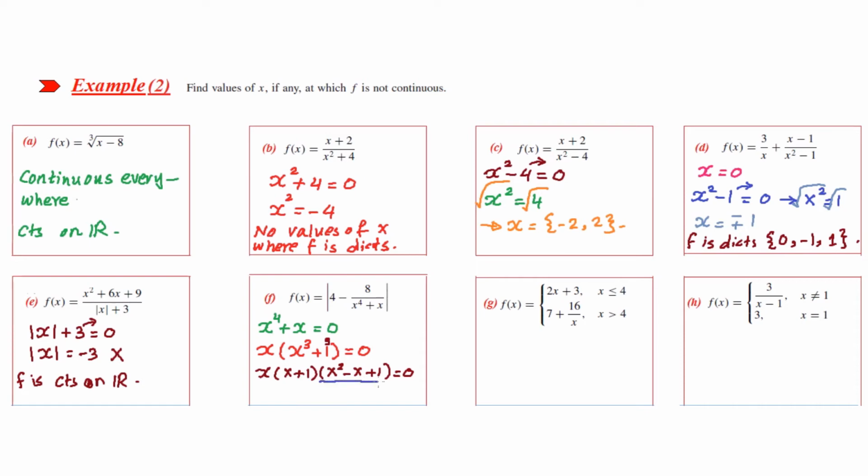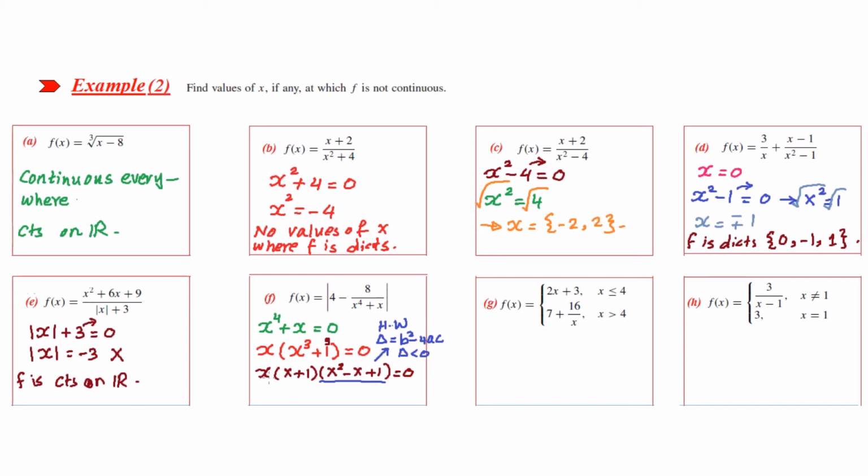This function is a quadratic function. As homework, find the discriminant delta, b squared minus 4ac, and you will see that delta is less than 0, so there is no root for this function.